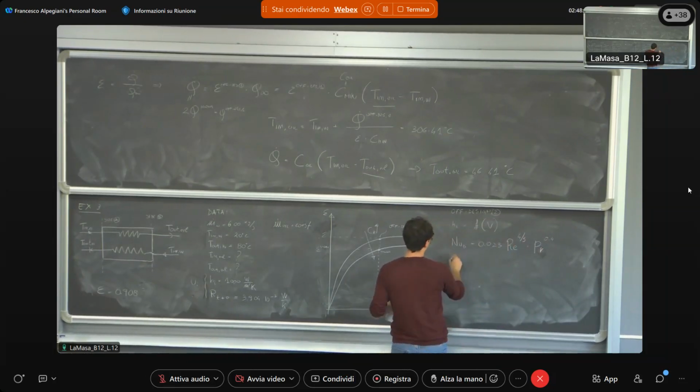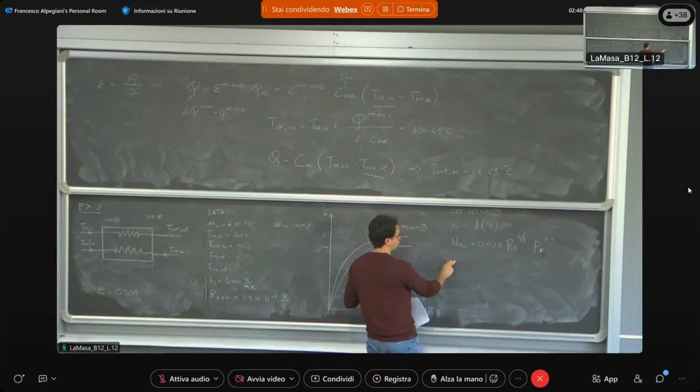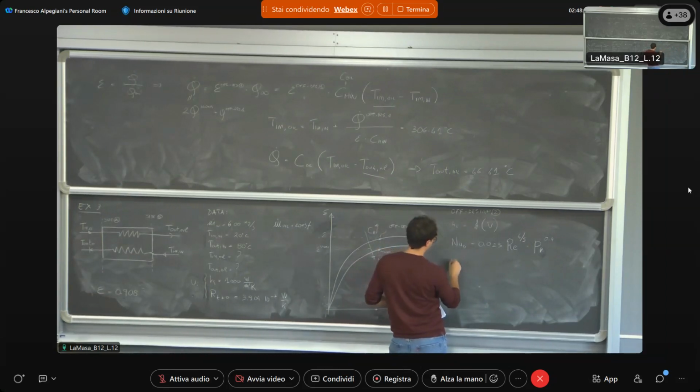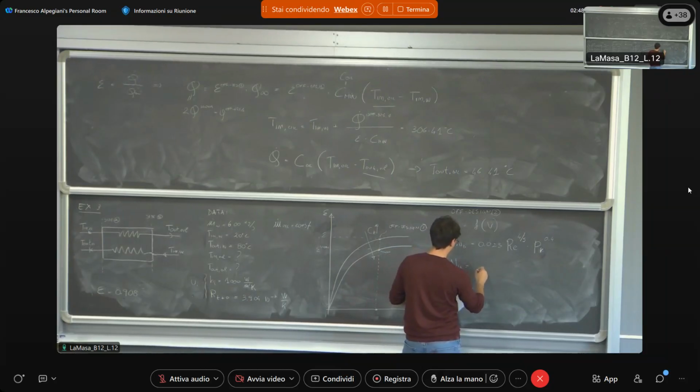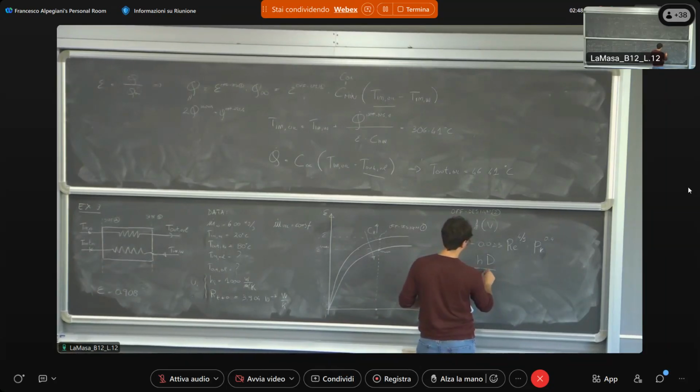Okay, I write here the definition of Nusselt, Reynolds, and Prandtl. So Nusselt is equal to the heat transfer coefficient times the internal diameter of the tubes divided by the thermal conductivity of the fluid.